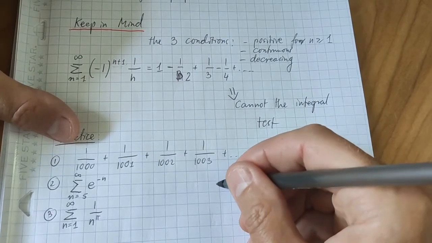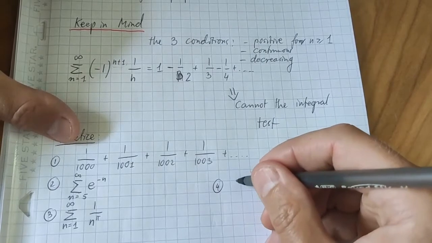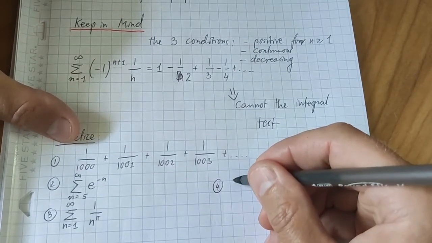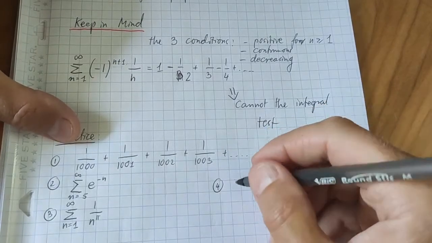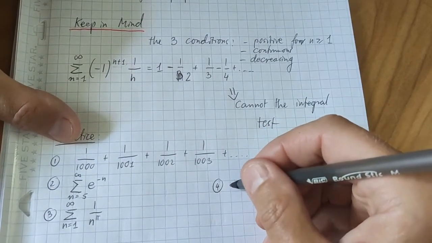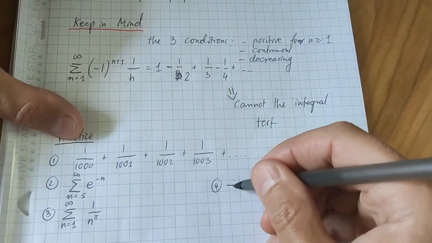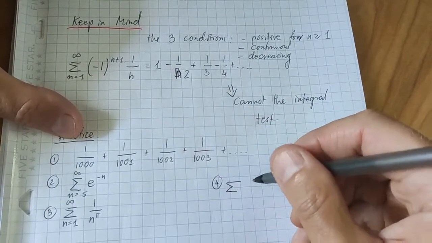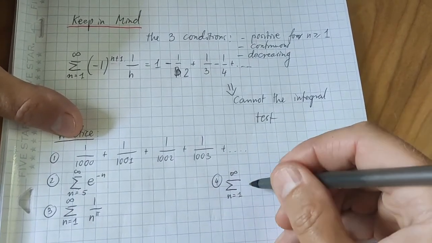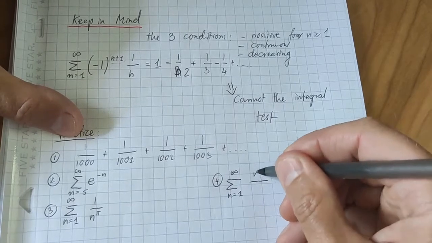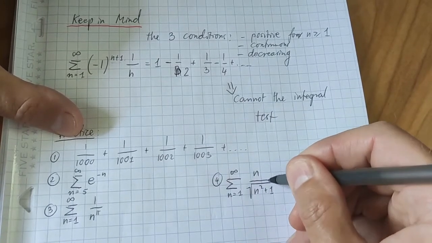Problem 4 is this one: the sum from n equal to 1 to infinity of something we haven't seen before, with the square root of n squared plus 1.